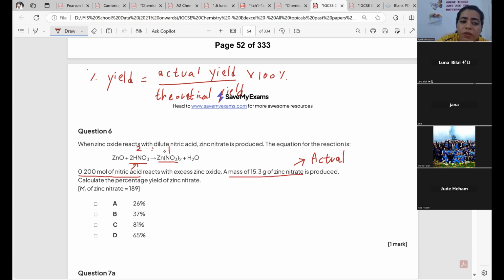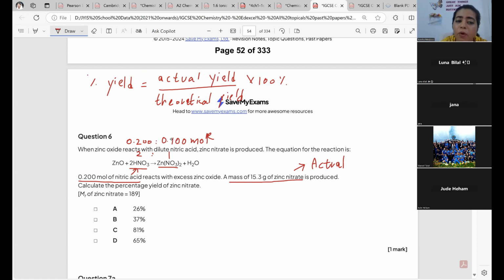If the nitric acid has 0.200 moles, what should be the moles of zinc nitrate? Divide by 2, since 2:1 means half. So 0.200 divided by 2 is 0.100 moles. So we got the moles here, 0.100 moles.